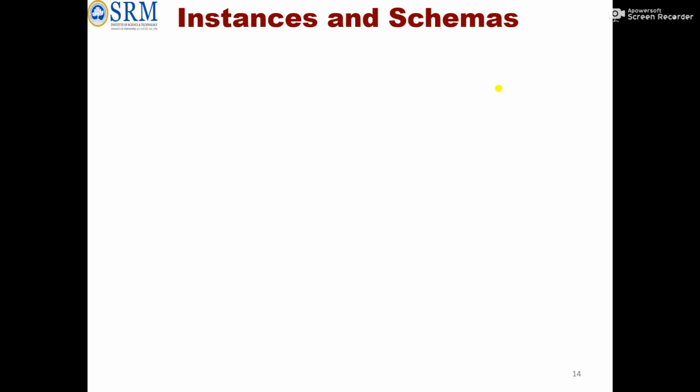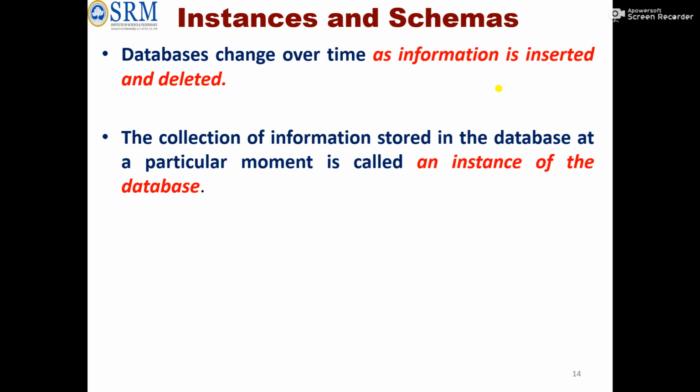Every data holds some value at a particular moment. When you are writing a program, there are various data types. Every variable holds certain values at a particular moment. So that is called an instance.